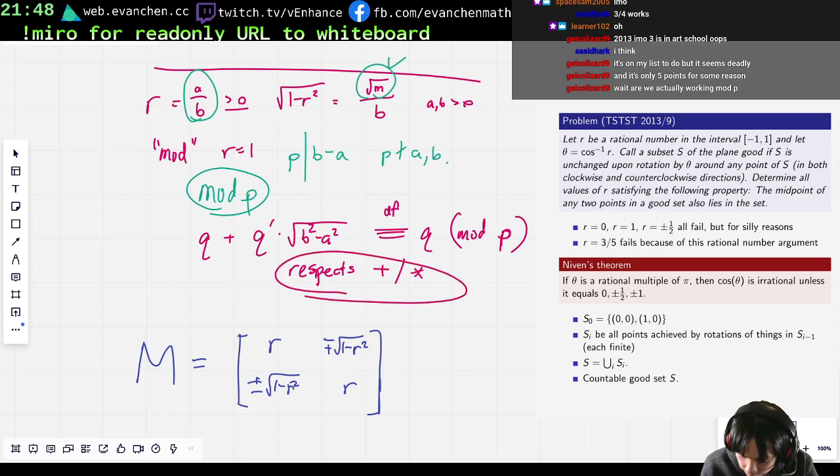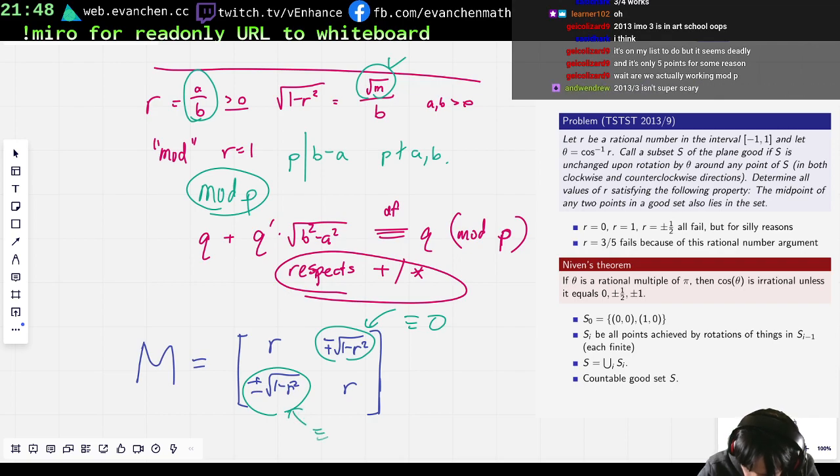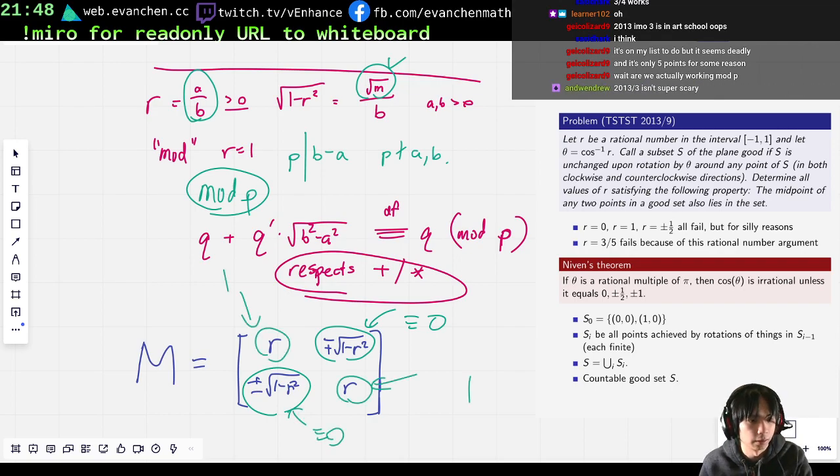So when I look at this matrix, root b squared minus a squared is... Wow, okay, wow. And then so this is 0, this is 0, this is 1, this is 1. So the rotation matrix only acts by the identity.